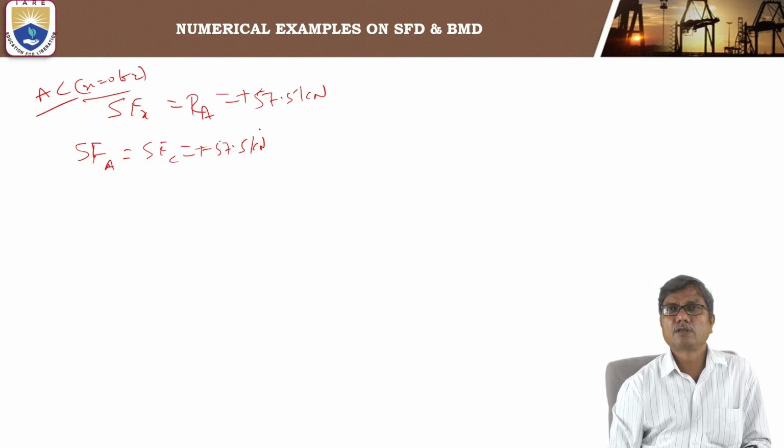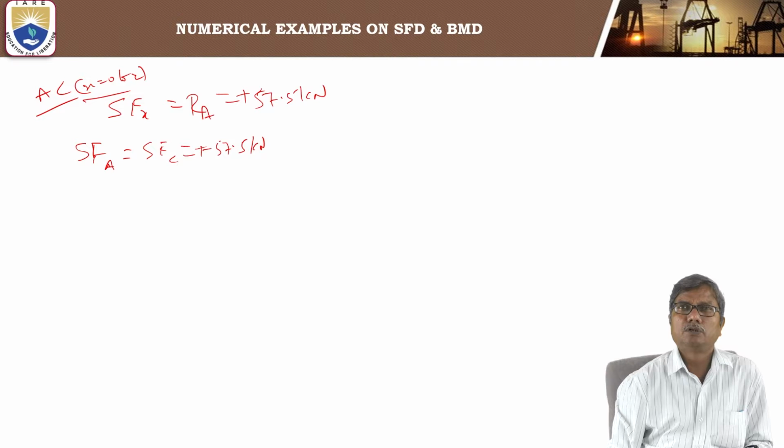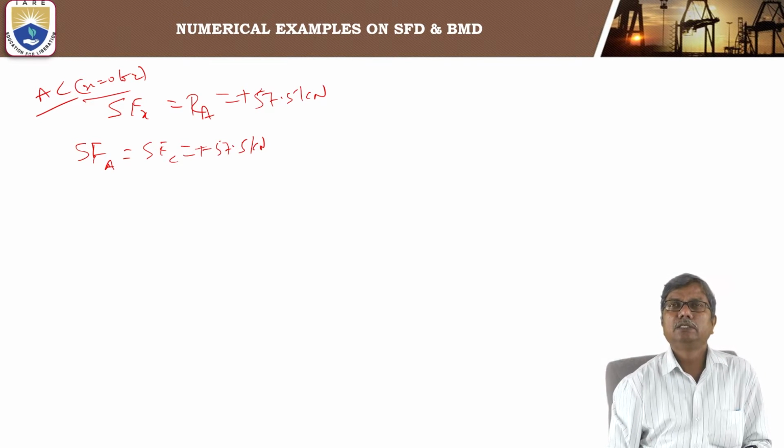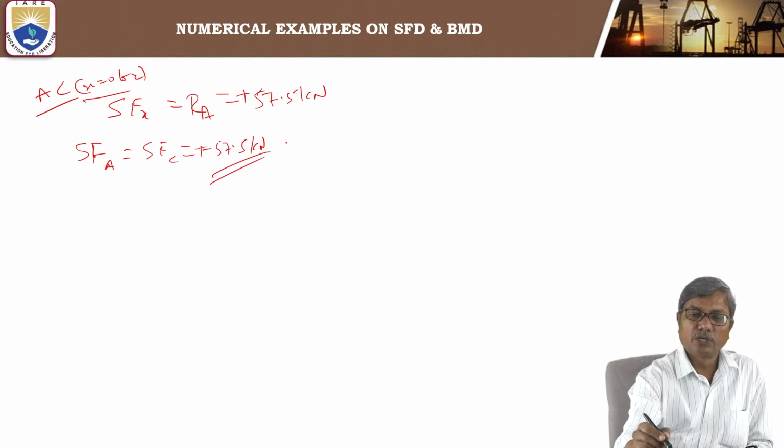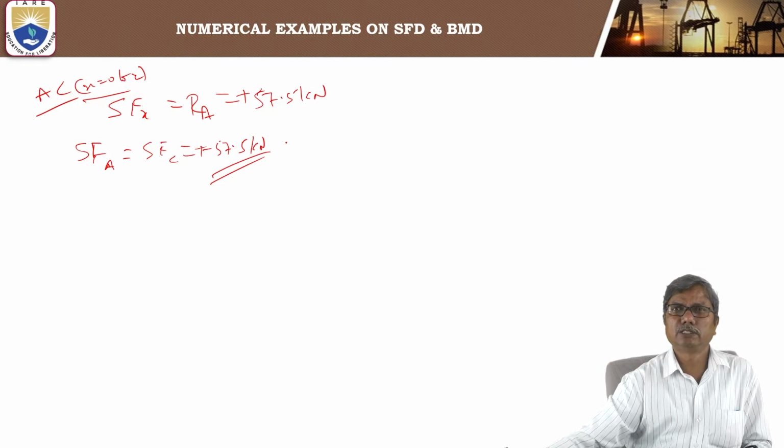Okay, and at C we have a downward load of 20 kilonewtons. So wherever a point load is acting, we find the shear force just to the left of it and just to the right of it.